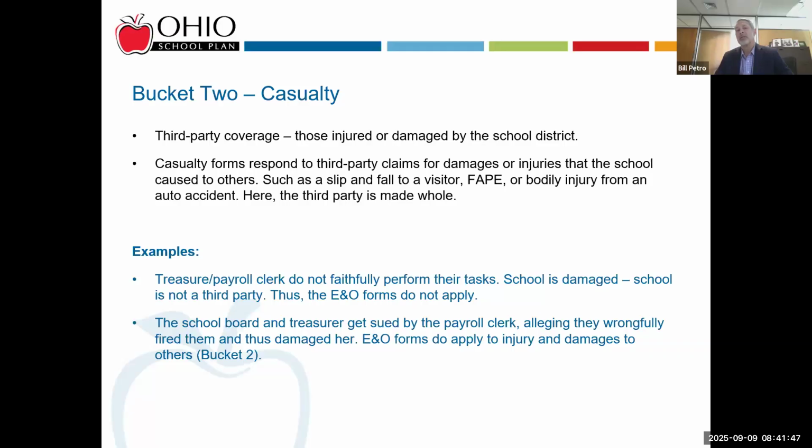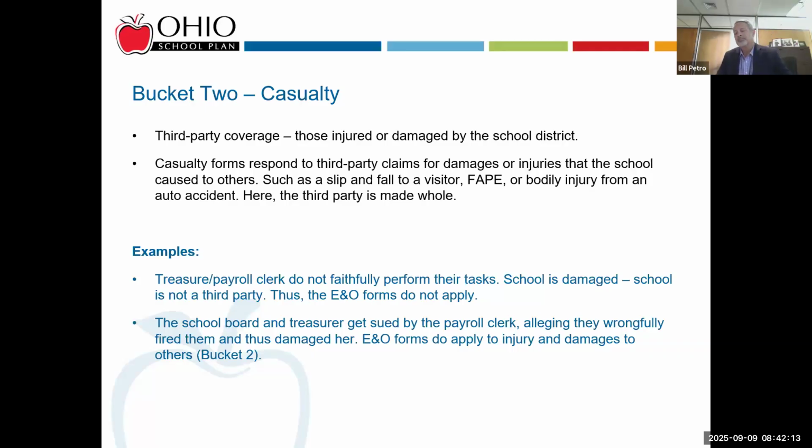Now think about this other example: the school board and treasurer get sued by the payroll clerk, who is alleging they were wrongfully fired. That's different, and that is under the E&O forms because she or he is damaged. And so these E&O forms do apply to an injury or damage to others.